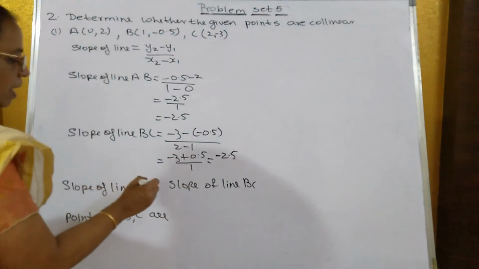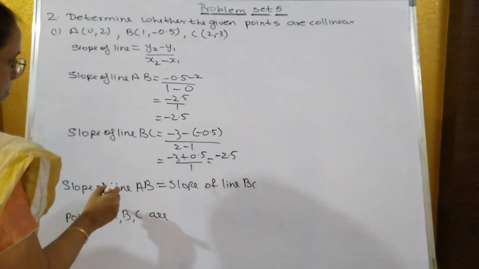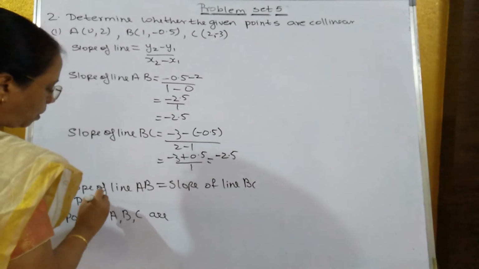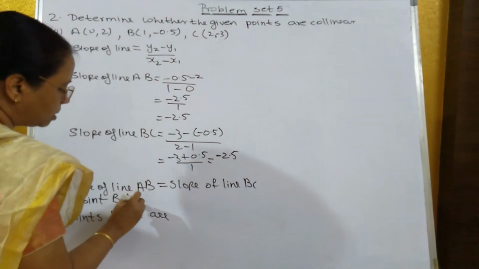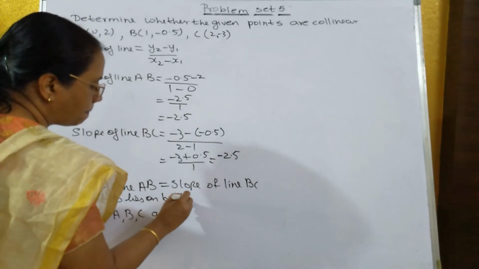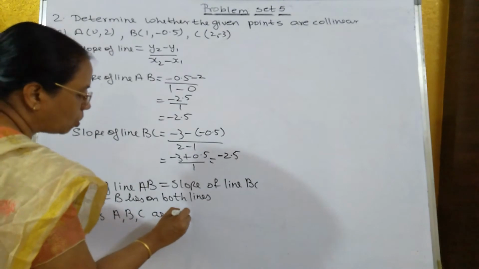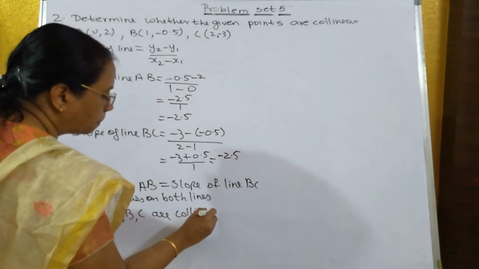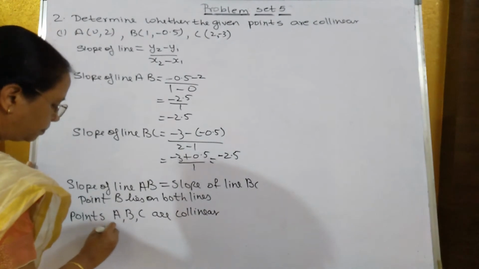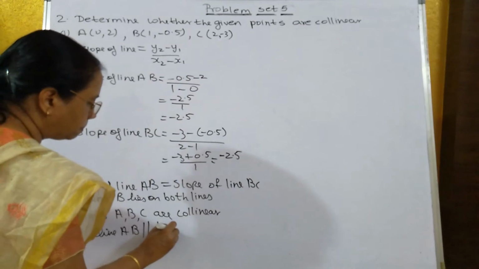So slope of line AB is equal to slope of line BC, and point B lies on both lines. Therefore points A, B, C are collinear and line AB is parallel to line BC.